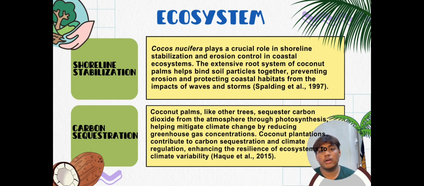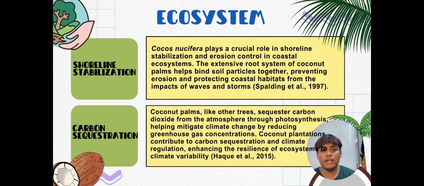Like all plants, coconut palms absorb carbon dioxide, or CO2, from the atmosphere during photosynthesis and convert it into organic carbon, storing it in their biomass, for example trunks, leaves, roots and nuts. The next one is that coconut palms have significant biomass, particularly in their trunk and fronds, which can store carbon for many years.